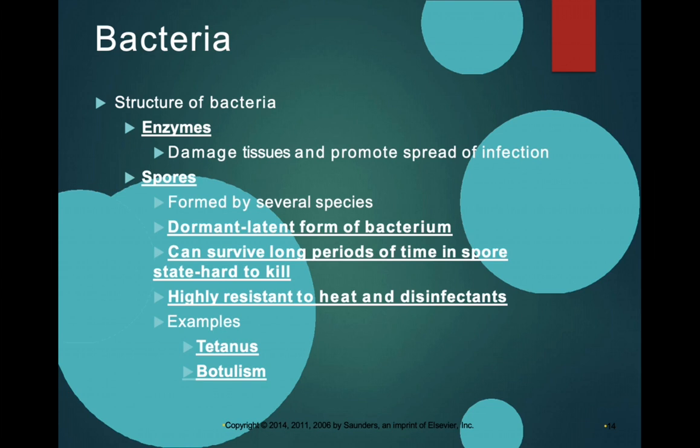They usually need cocktails of all different sorts to try and destroy them. They're highly resistant to heat and to disinfectants, which makes them very challenging. A few examples would be tetanus and botulism. These both affect the neural system, the neurology.